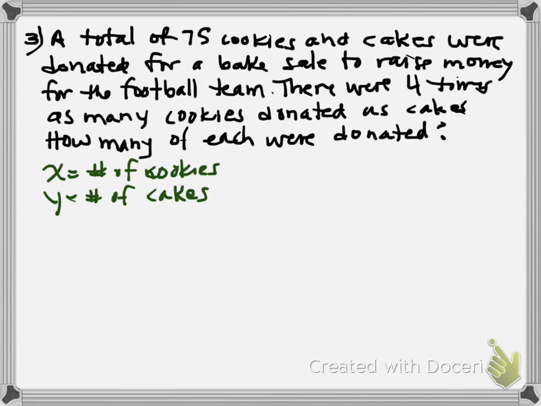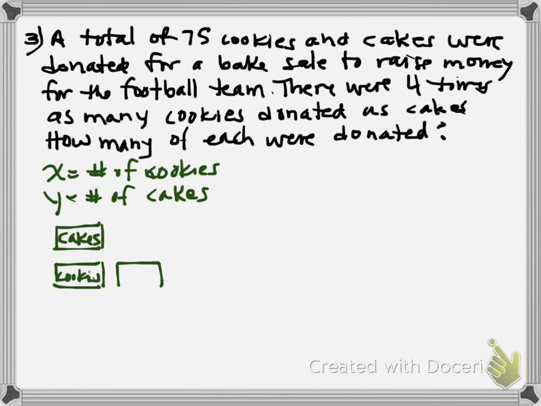So what I want to do is kind of go through the notion of that second sentence. There were 4 times as many cookies donated as cakes. And so for each one of these, let's see, this was your cake, and this is your cookies. It says there's 4 times as many cookies donated as cakes.